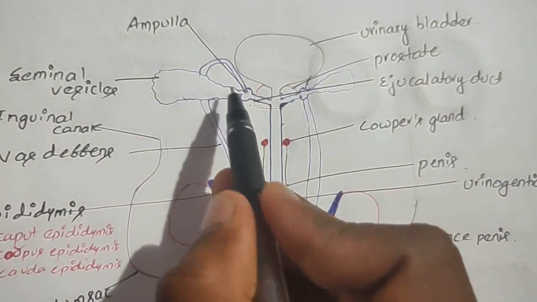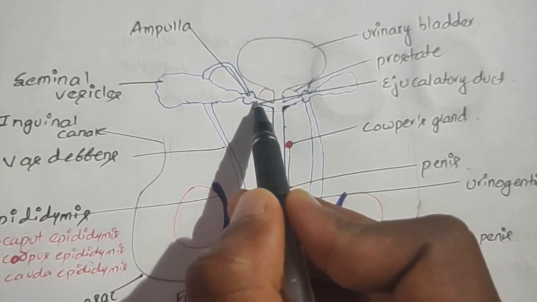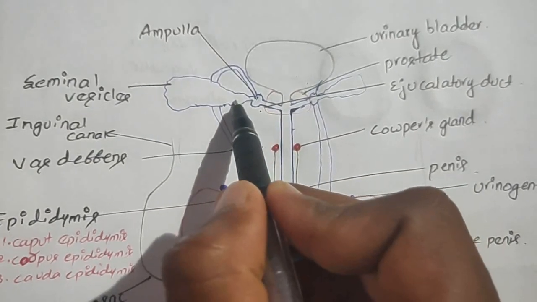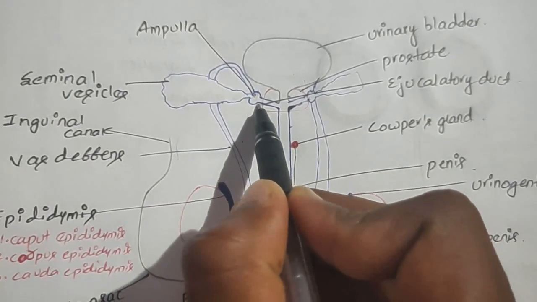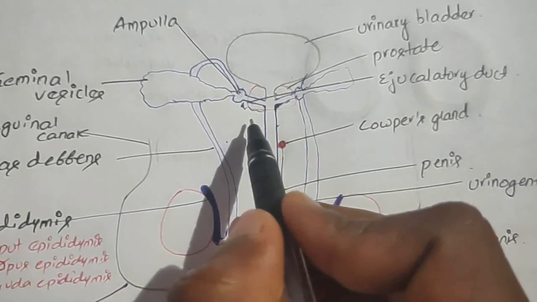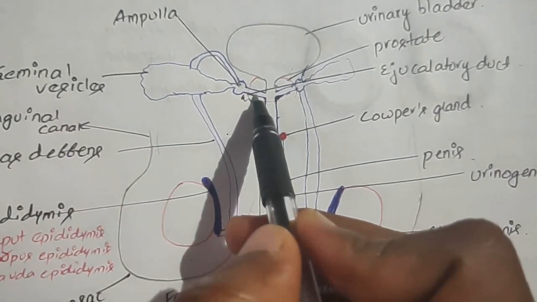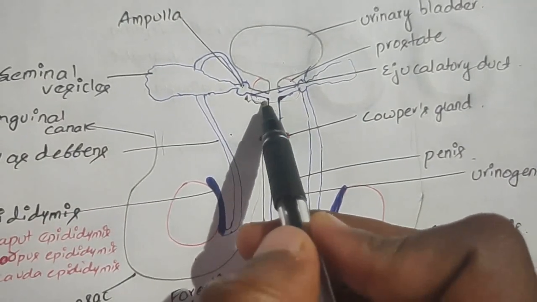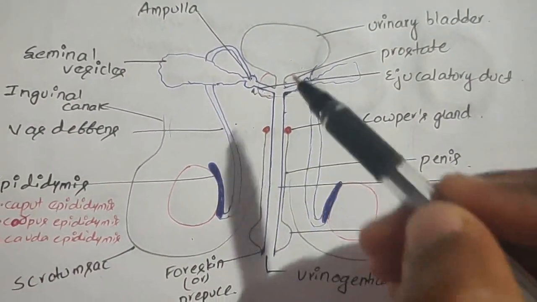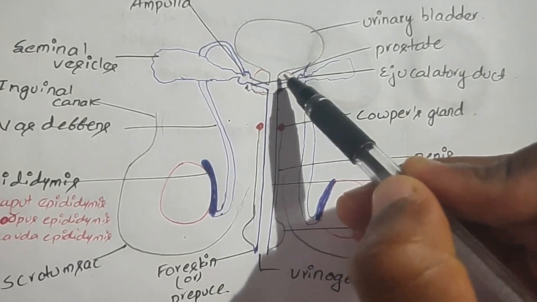Now, both the ampulla and seminal vesicles open into the vasa deferens, and the layer after this, where the ampulla and seminal vesicles open, is actually the vasa deferens, but it is given a separate name, known as the ejaculatory duct, because both ampulla and seminal vesicles are opening into this. This ejaculatory duct opens into the urogenital duct, and the layer below the urinary bladder is the urethra.